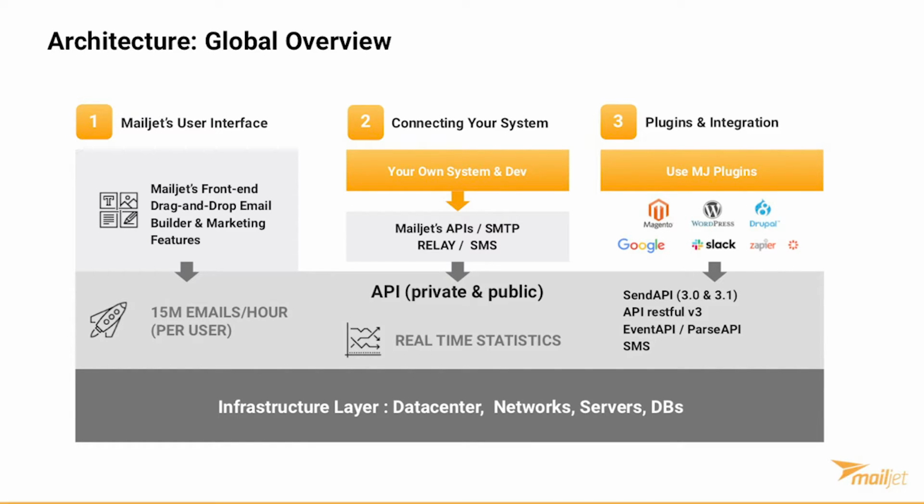So this is the global picture of our architecture. As you can see, we have, first of all, an infrastructure layer: data center, network, servers, DB. On top of that, we have all the API ecosystem, private and public. As I said, all our core applications are reachable through the API. And we have 3 ecosystems on top of this. The first one is the marketing ecosystem with a lot of different features and applications: templating, automation, all you need to send beautiful newsletters.